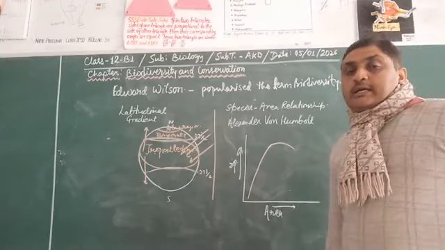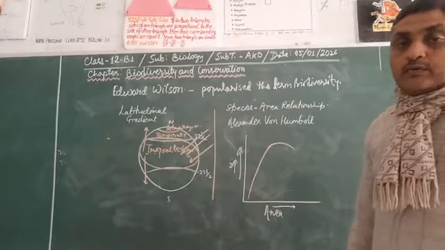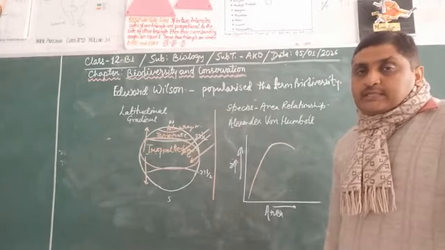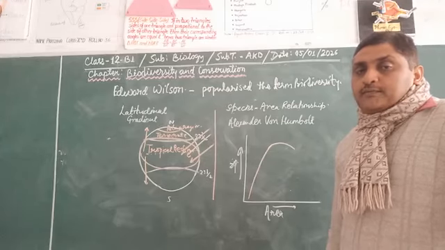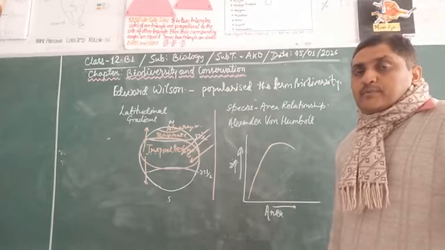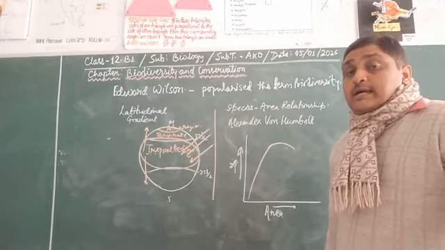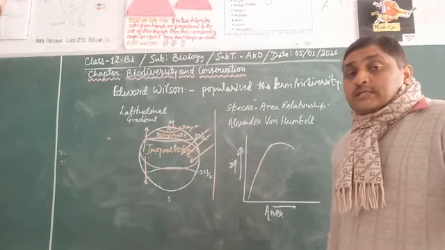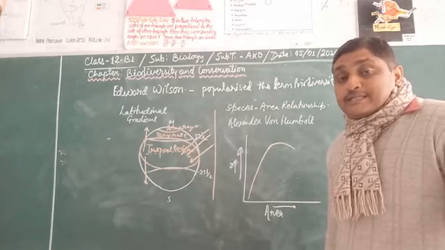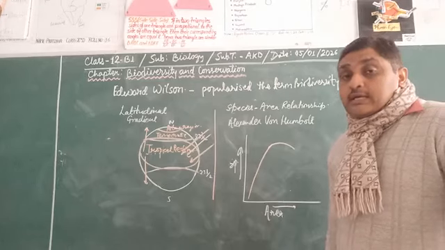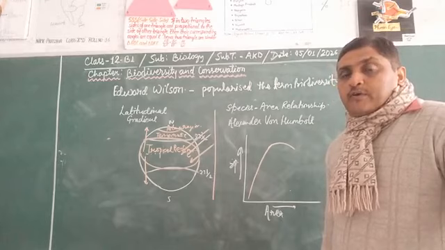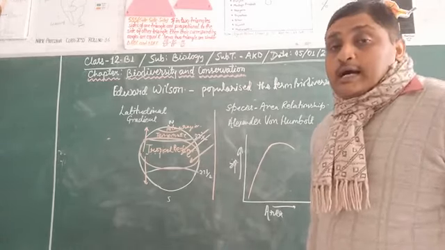Alexander von Humboldt explained the species area relationship and represented it with this graph, in which the species do not increase after a certain point even if the area increases.